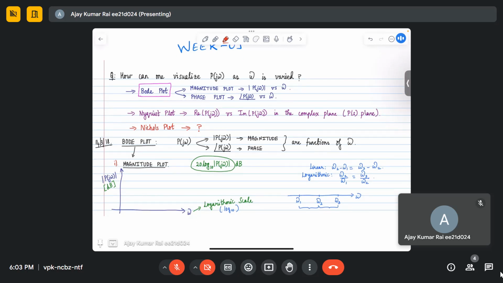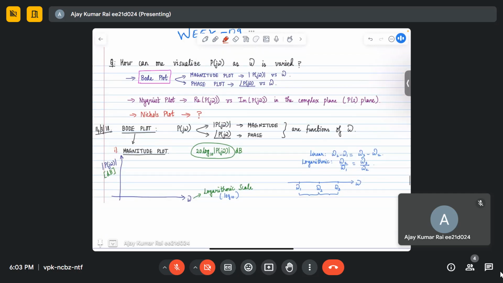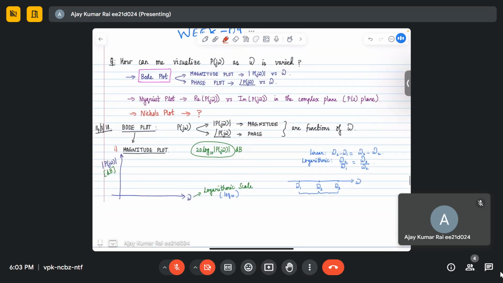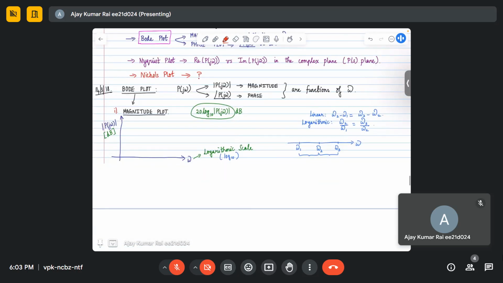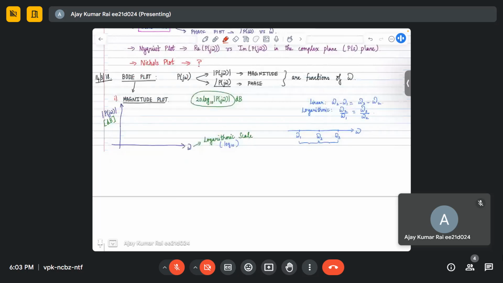In this week we have covered Bode plots for different functions, like 1 by s, or 1 by (sT plus 1). We'll be drawing two plots here. First is the magnitude plot and the other one is the phase plot.